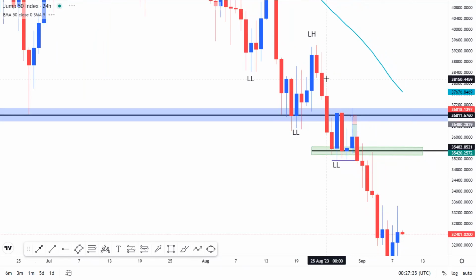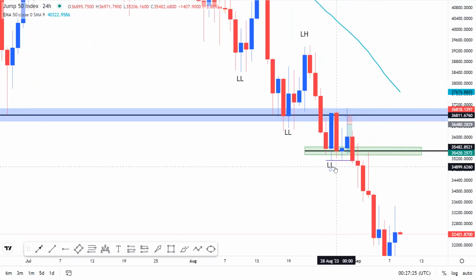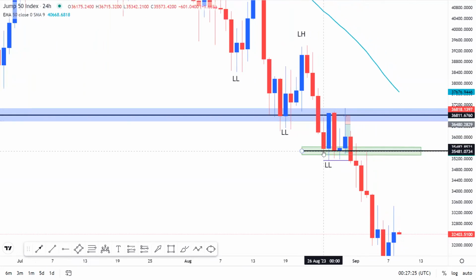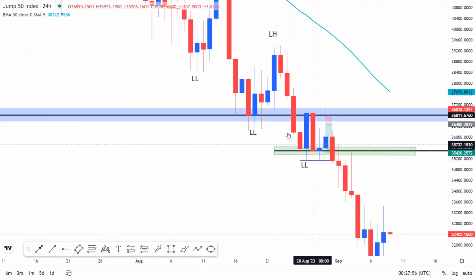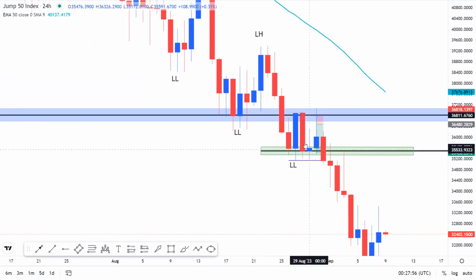Now, very quickly, as soon as we had this sell-off, we had come right into this level where the lower low formed. And then I noticed we had traded sideways for 4 consecutive days. Every one of these was a whole full day, 24 hours, as you can see. So we had 1, 2, 3, 4. We had traded sideways, more like in a daily range.